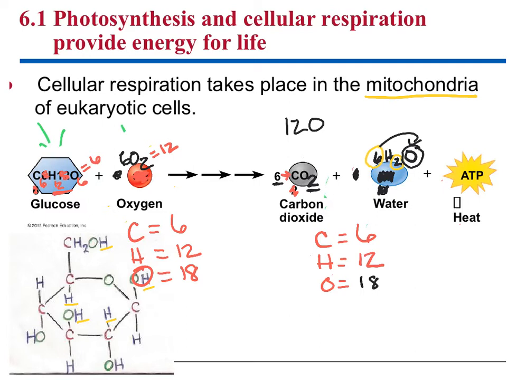ATP, remember, is created by taking ADP, which is already present inside the cell, and adding a phosphate to it. So that makes ATP.